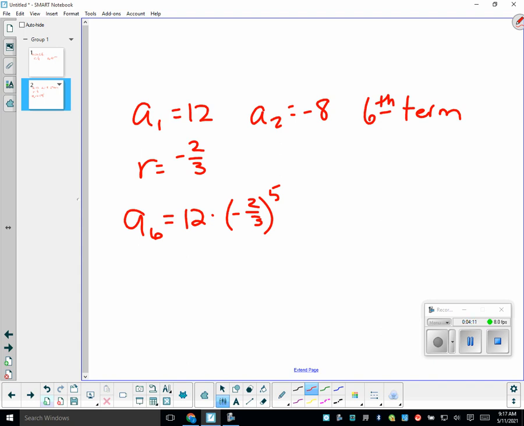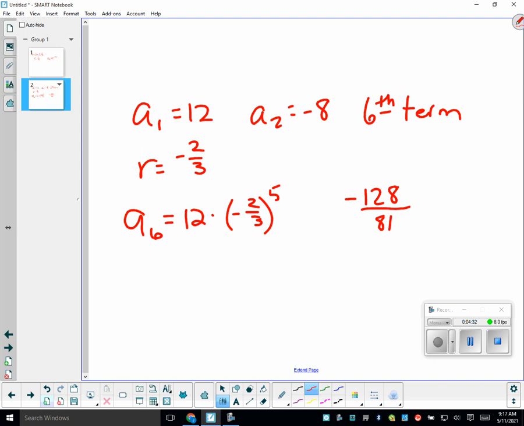Negative 128 over 81. Yeah. I'm glad you gave me a fraction, because we don't want to round any decimals. Is that all right with you guys? Yeah.